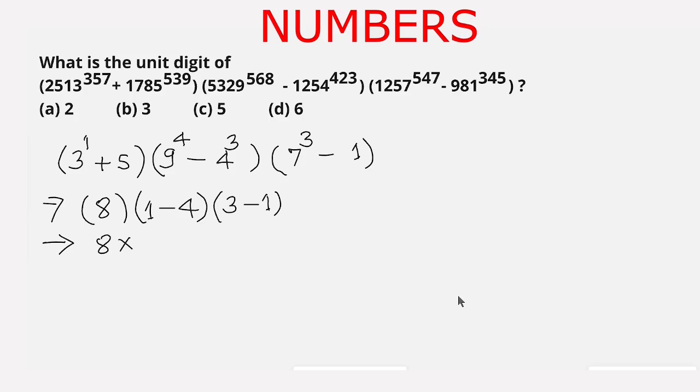So what we do, 10 minus 3 is 7, multiplied by 3 minus 1 is 2. 8 times 7 is 56 and the ones place of 56 is 6, and 6 times 2 is 12 and the ones place of 12 is 2. Thus our answer is option A, 2.